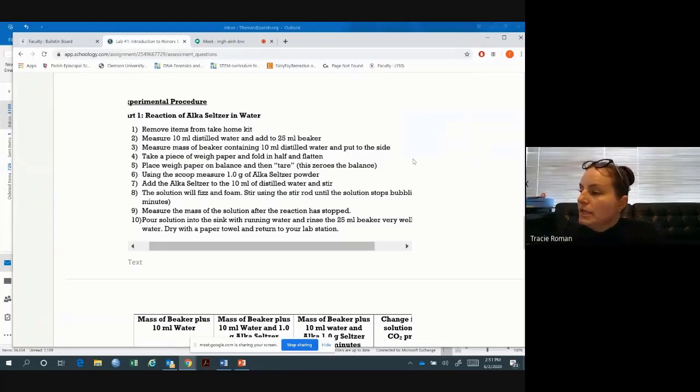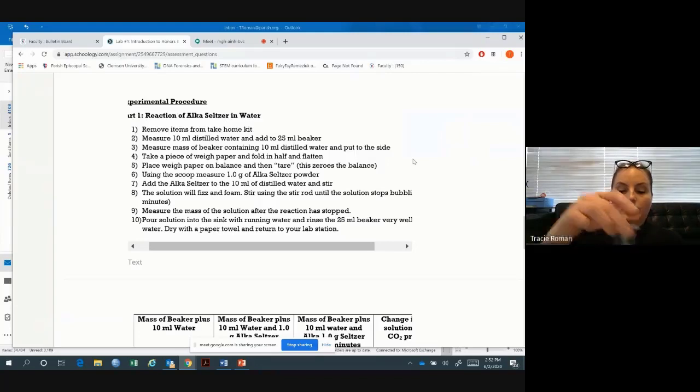Okay, so we will turn on the balance, check the units, it's grams. Tare it, let it go to 0. Then you'll put your beaker on top of your balance. And then on a piece of paper, write down the mass of the beaker.